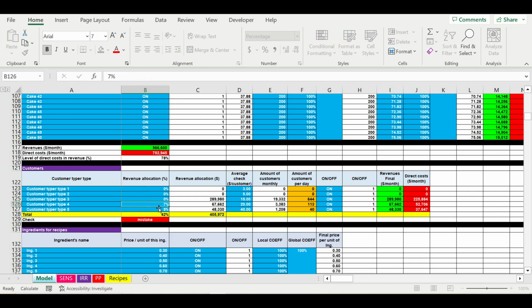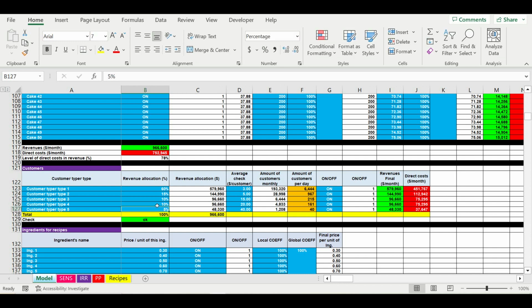For example, 60% of revenues will go to this type of customer, then 15% will go here, then 10% here, and 10% here.